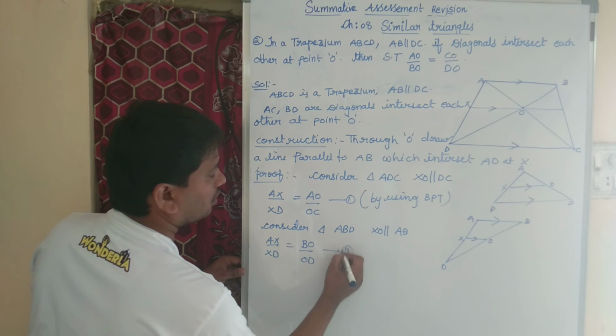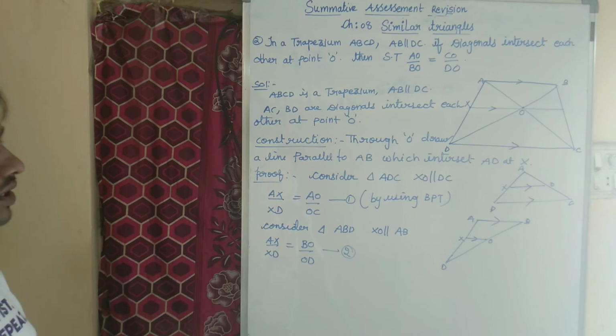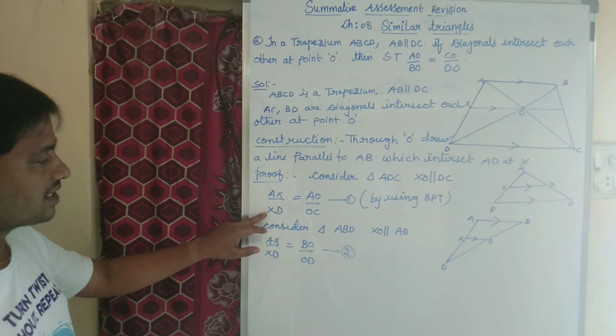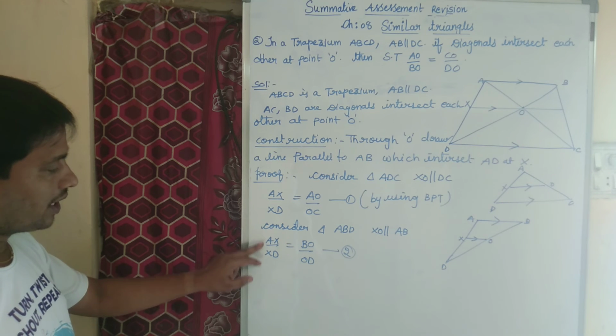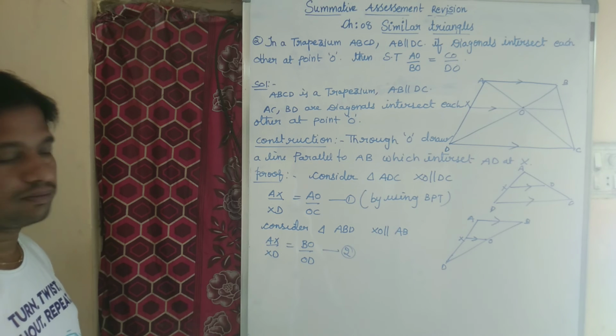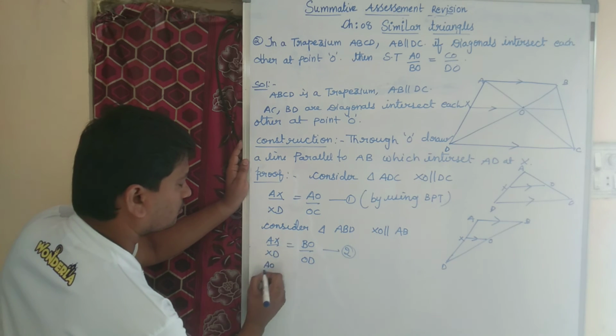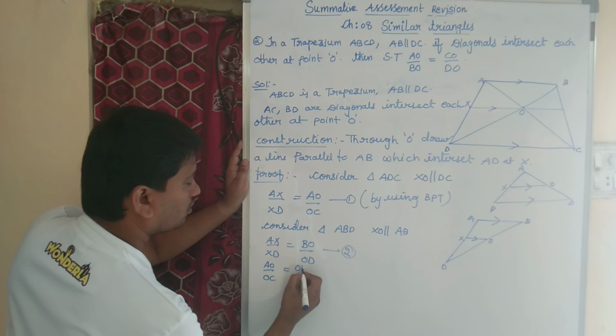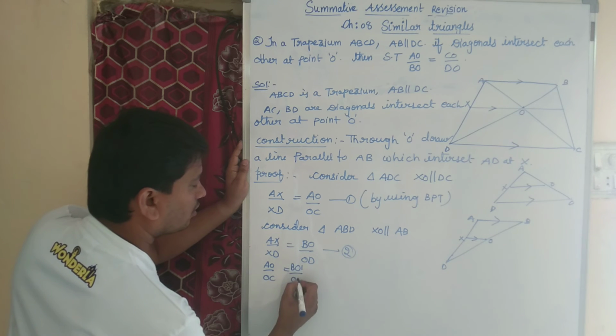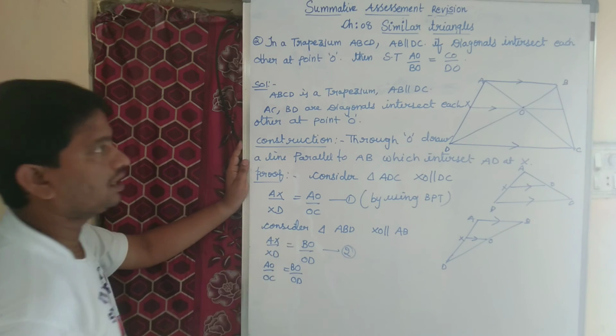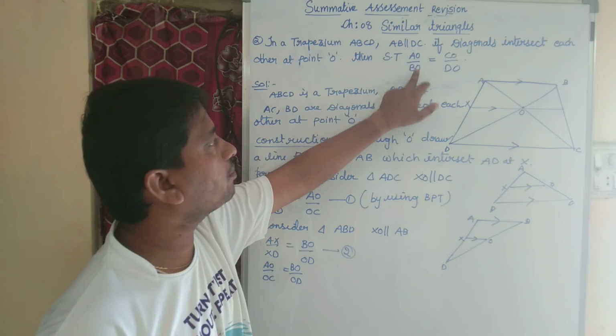This is equation number 2. See, in equation number 1, the left hand side is AX by XD, and the left hand side is also AX by XD in equation number 2. From 1 and 2, I can write AO by OC equal to BO by OD. But they are asking to prove AO by BO.